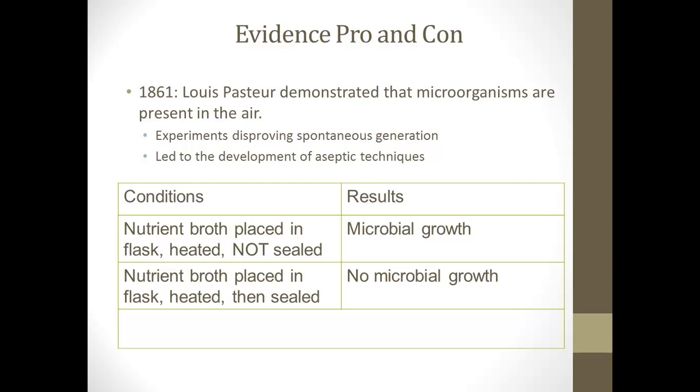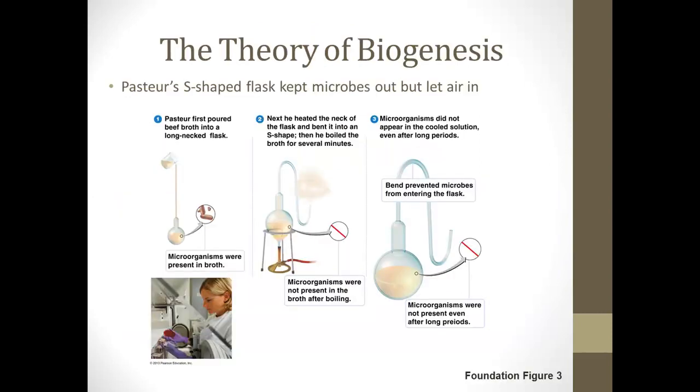So Pasteur said, okay, let me come up with an S-shaped flask design. He made this S-shaped flask to keep the microbes out, but to let the air in. He first poured the beef broth into the flask. Then he heated the flask, and then he took the mouth of the flask and formed it into an S shape.